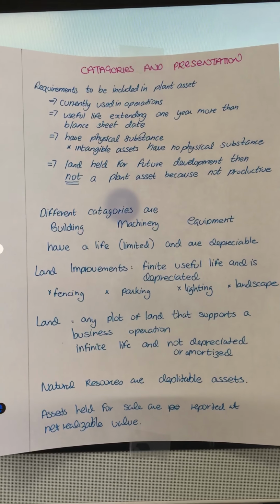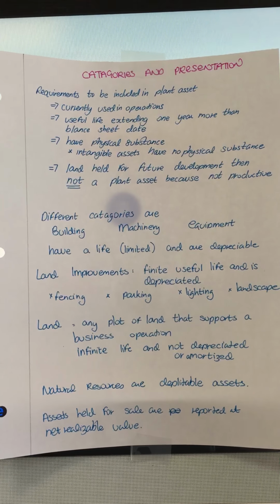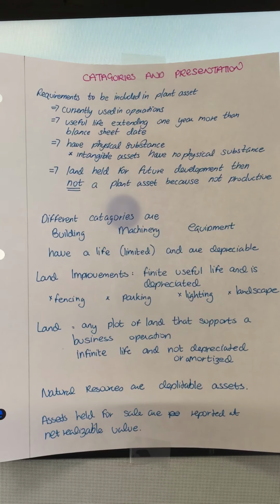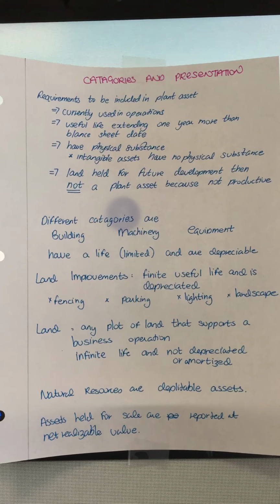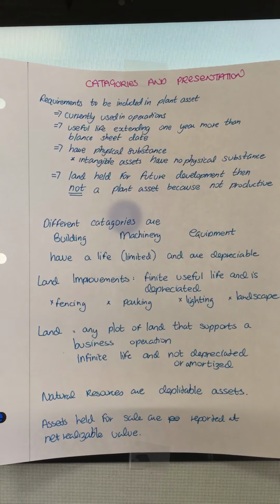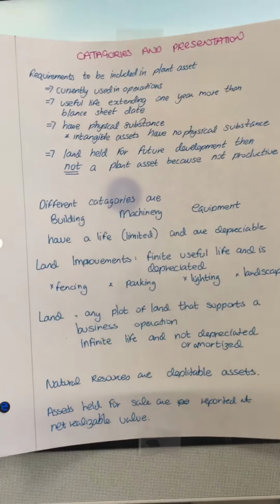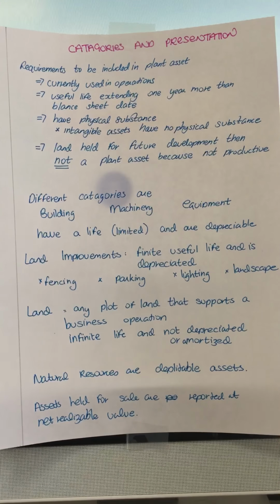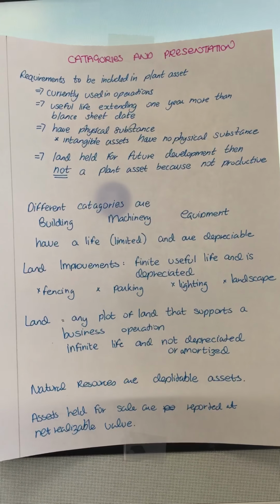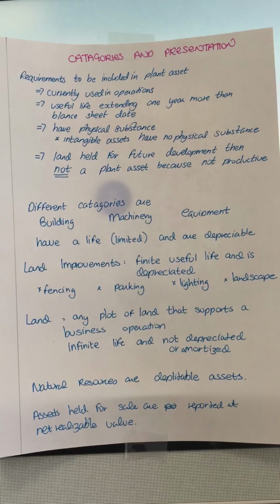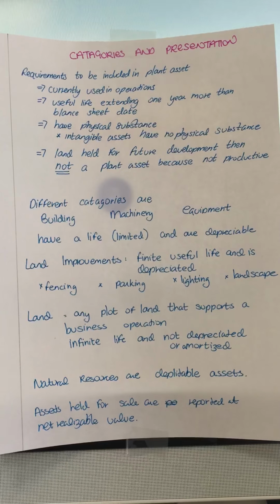The different categories are building, machinery, equipment. These are things that have a limited life and are depreciable. Every building, every machine, every equipment has limited life, and you always account depreciation on it.